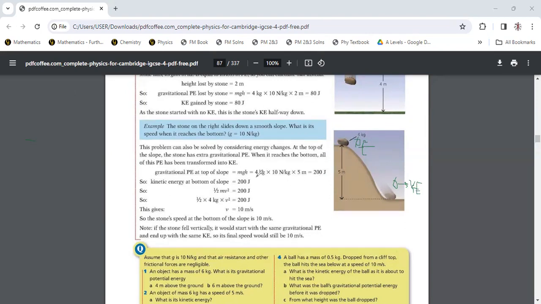So let's start. Our gravitational potential energy at the top of the slope will be mgh, so it's equal to 4 times 9.8 preferably times 5. So 9.8 will actually change this value to 196 joules.